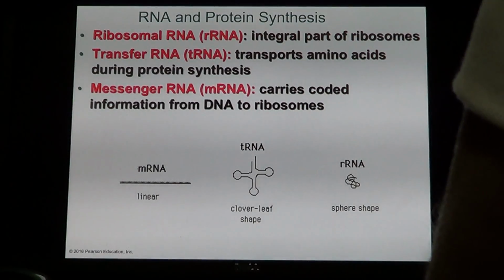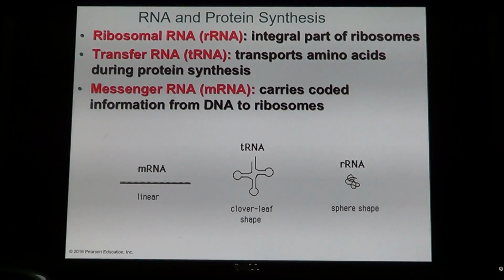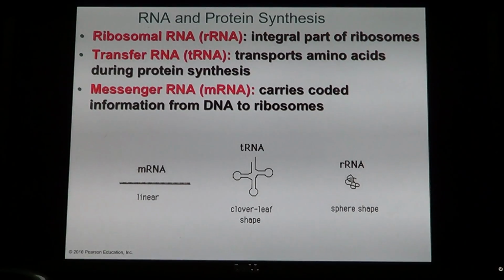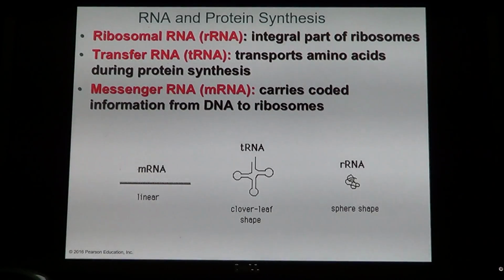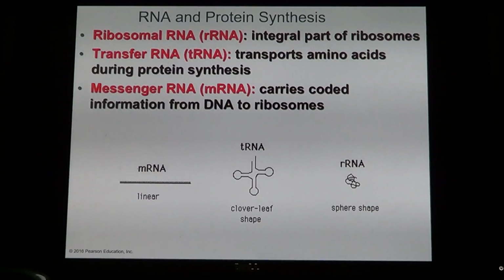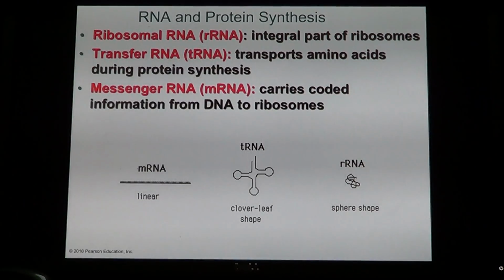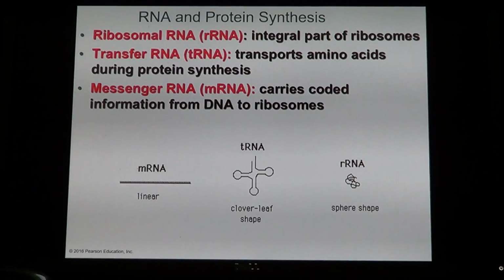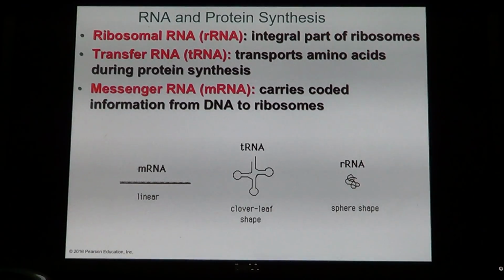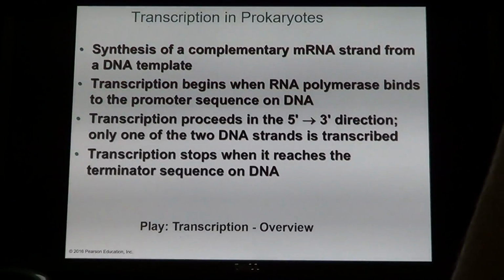The other versions of DNA, so messenger RNA is a linear, one-stranded molecule. There is unique clover leaf-shaped transfer RNA and ribosomal RNA that has a spherical shape, mainly forming the units of the ribosomes.